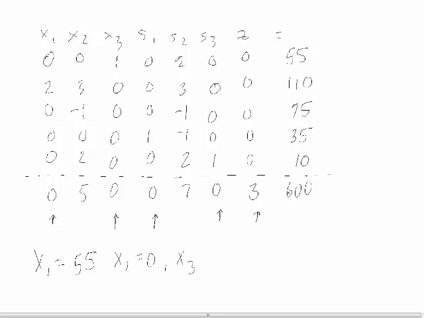X3 equals 55. S1 equals 35. S2 equals 0. S3 equals 10, and then Z equals 600 divided by 3. So this would be our final solution based on this tableau.